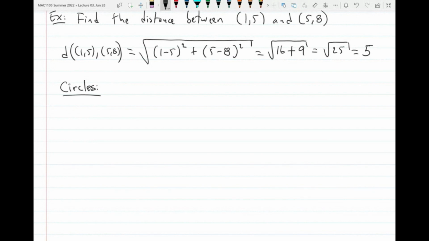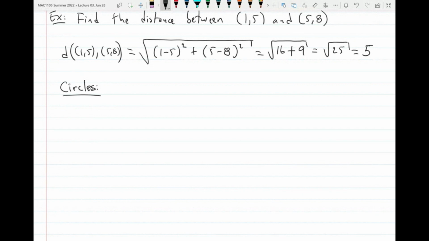Now, our job is to identify its equation. We want to be able to describe a circle mathematically, in other words, via an equation. We want to be able to look at a circle and say the equation of the circle is whatever, or look at an equation and say this is the equation of a circle. Moreover, given a circle, graph it. That's what we want to do now.